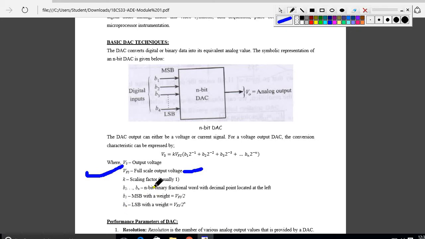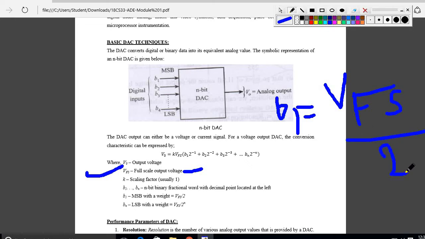How do we calculate the weight? If I want to find the weight of the B1 bit, it is equal to VFS, the full scale voltage value, divided by 2. If I want to find Bn, it is VFS divided by 2 power n.